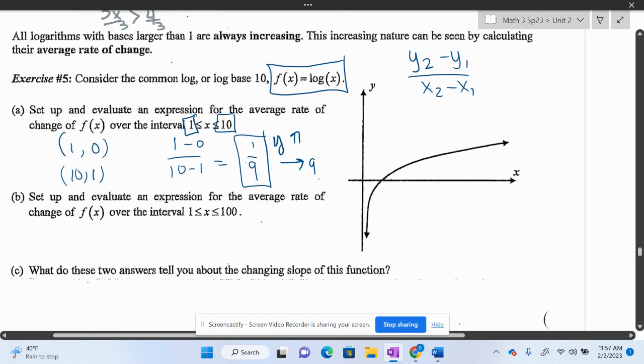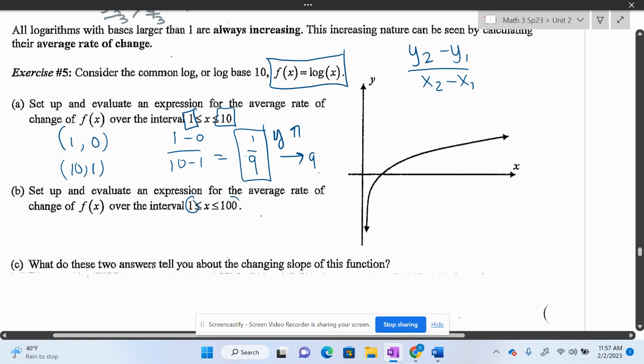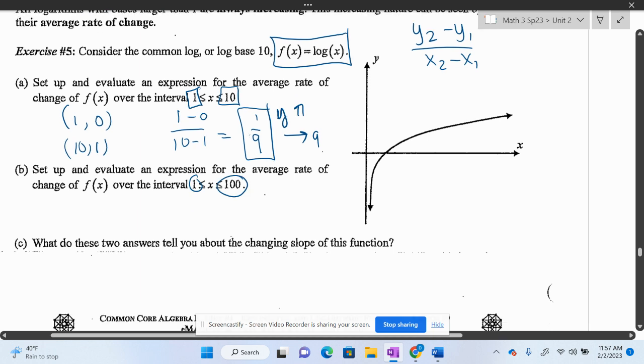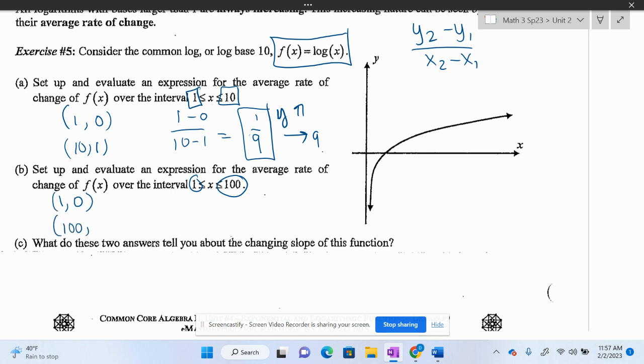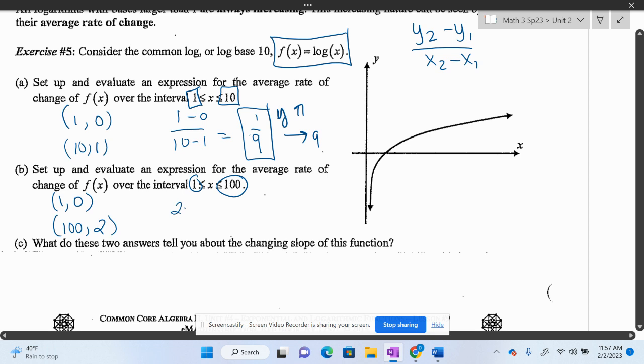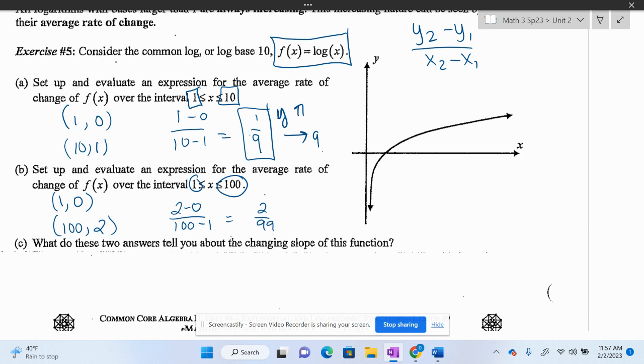Now let's do it again using the same function, but we're going to use the ordered pair (1, 0) and 100 something. 10 to the second power equals 100. So 2 minus 0 over 100 minus 1 is 2 over 99, meaning I go up 2 on the y and I go to the right 99.